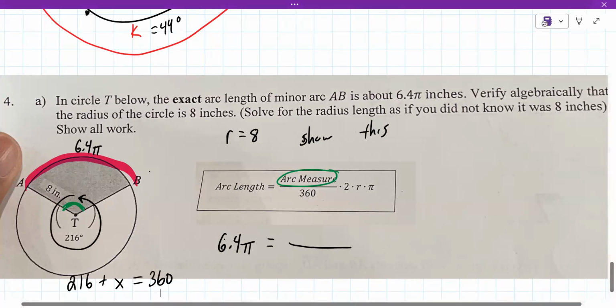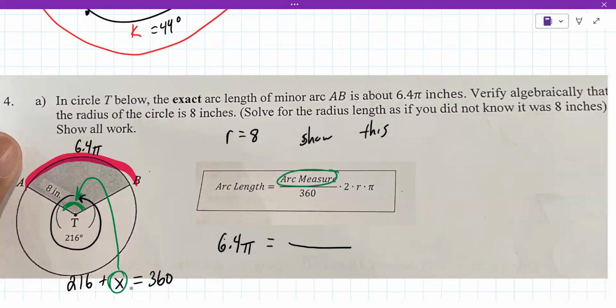So that missing part in green is the X. Could you calculate that for us, please? 144. Right, it is 144 degrees.